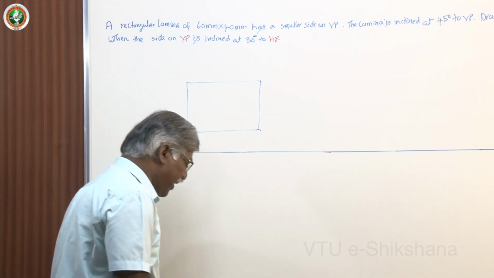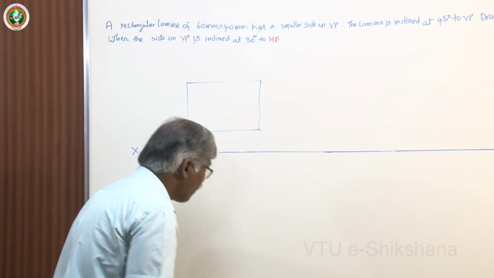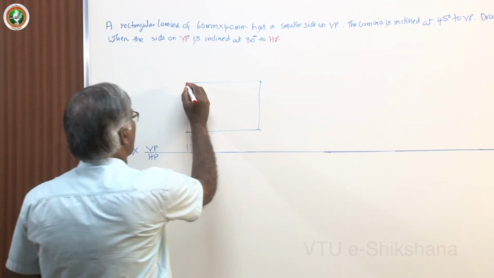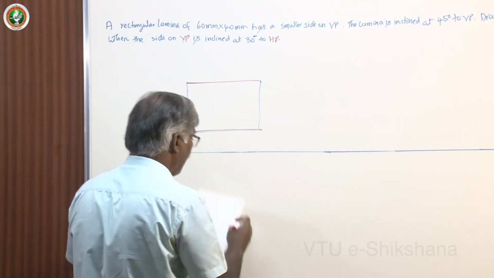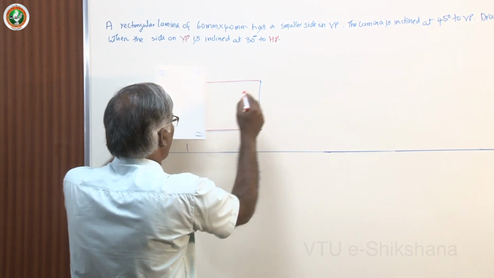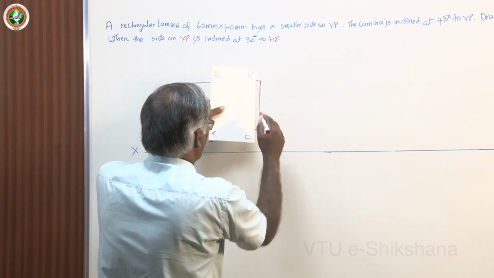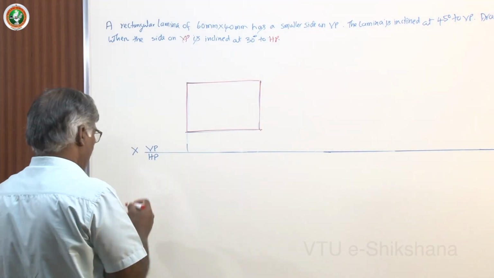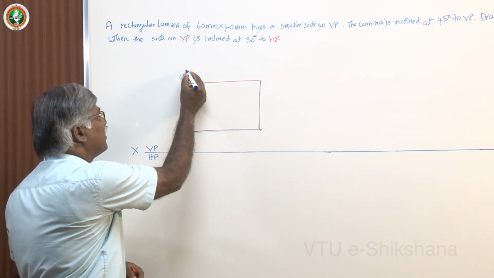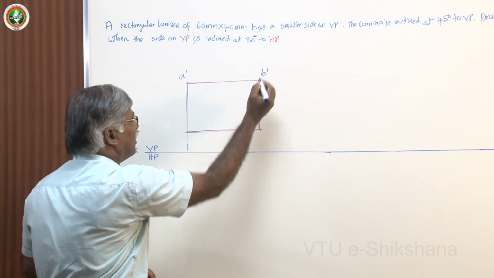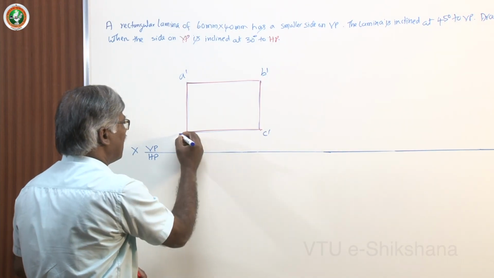Okay, darken the same. Then name it properly: A dash, B dash, C dash, D dash.